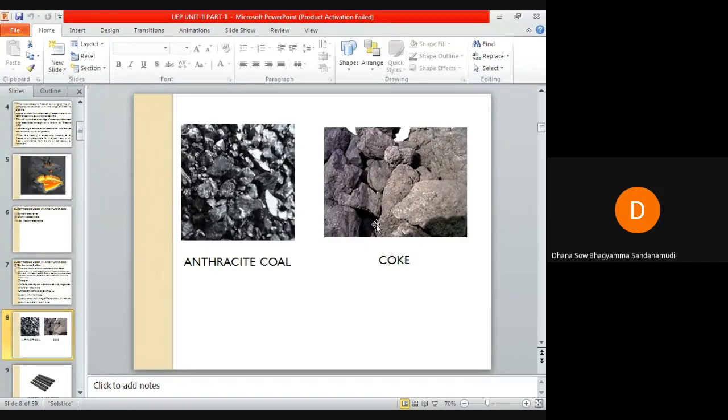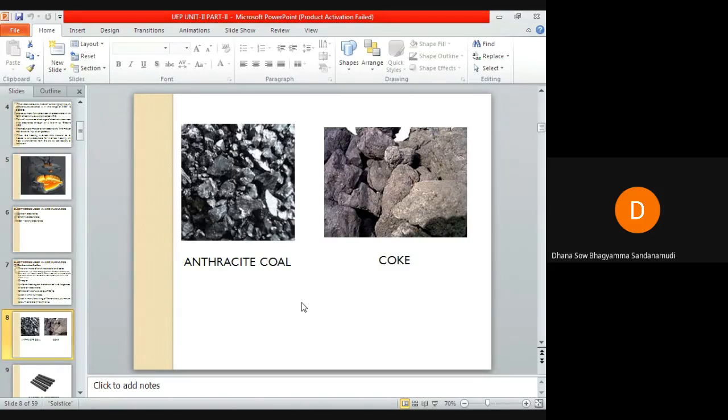Carbon electrodes are made up of anthracite coal and coke, and these carbon electrodes are cheap, and uniform heat can be obtained with a large area of carbon electrodes. Oxidation starts at around 400 degrees Celsius if you use carbon electrodes, and they are used in small furnaces.